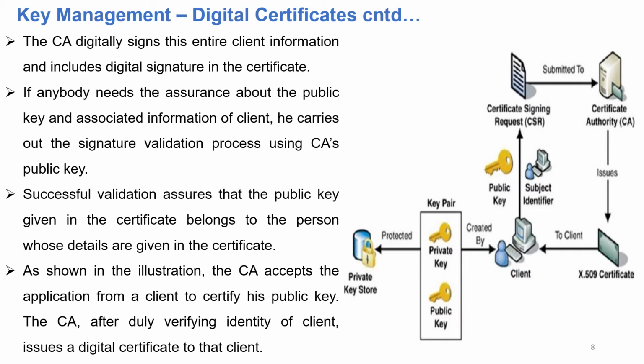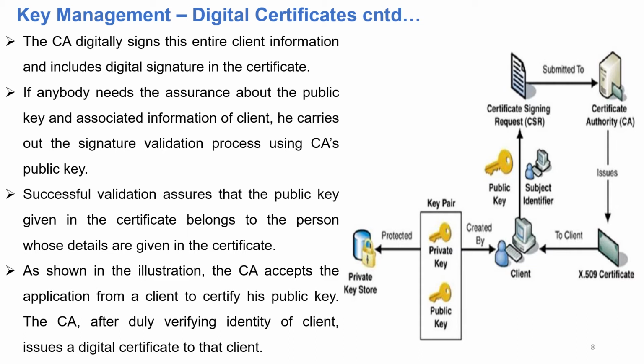So now in this diagram, you have your client, and this client is sending his public key to the certificate authority. He is requesting a certificate signing, so the certificate signing request is sent to the certificate authority. Now this certifying authority issues the digital certificate, or the X.509 certificate, and sends it back to the client.